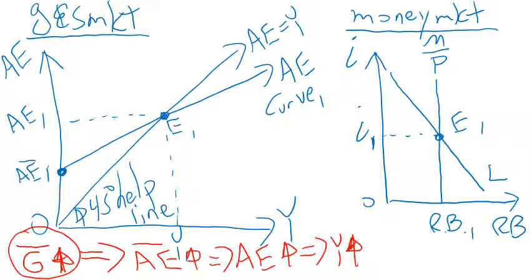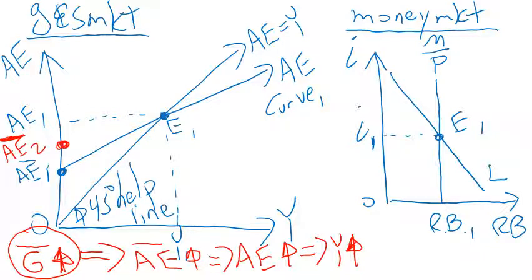So we'll get a new origin, labeled as aggregate expenditures 2, more precisely autonomous aggregate expenditures 2, and it's going to be a parallel shift because the denominator of the model equation has not changed.